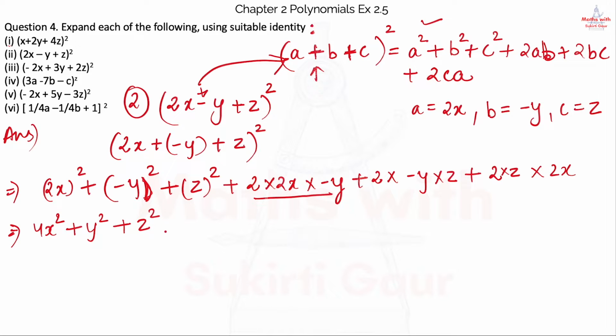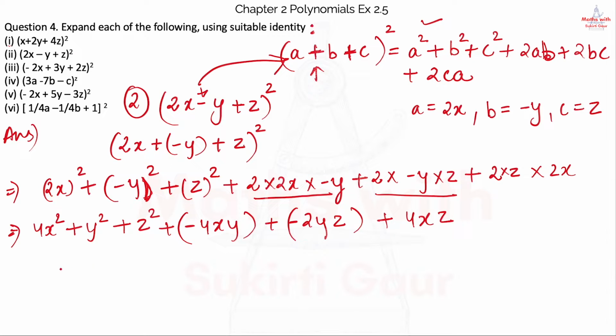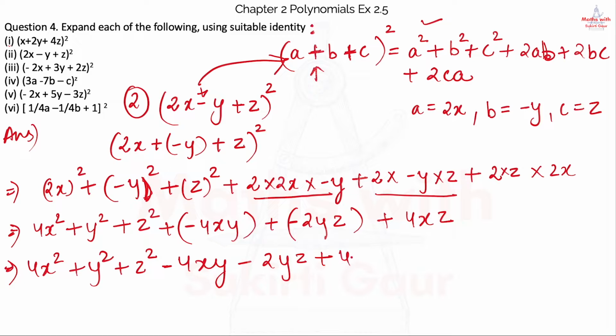This will become 2 into 2, 4xy, and that will be minus 4xy. This will be minus 2yz and the last one will be 2 into 2, 4xz, right? 4x square plus y square plus z square, plus into minus, minus 4xy, plus into minus, minus 2yz, and plus 4xz. This is the expanded form of second part.